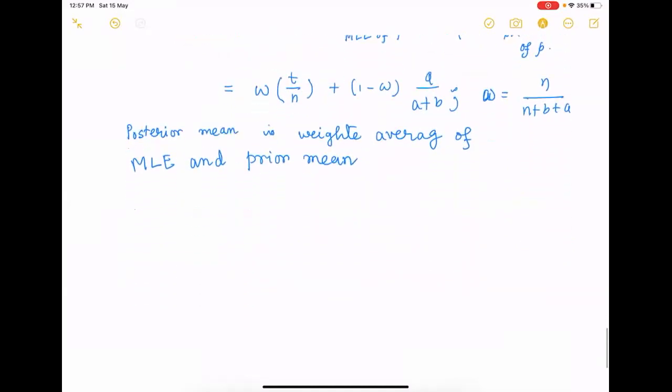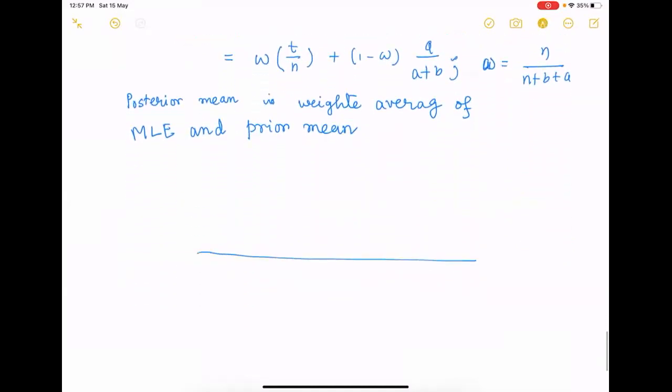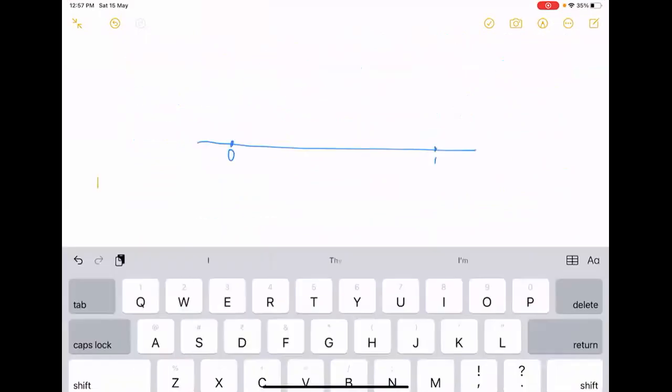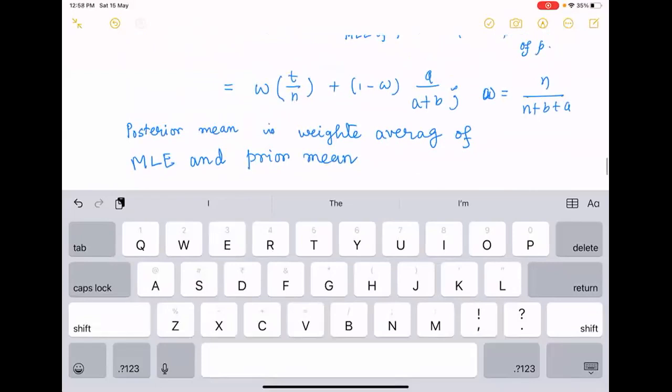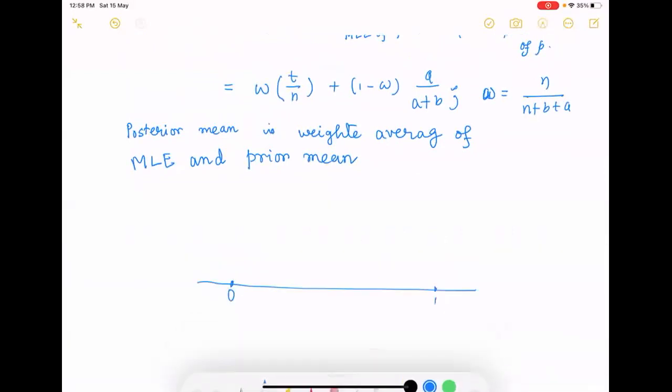Okay, so that means suppose 0 is here, 1 is here. Suppose I have taken Beta(2, 2) as my prior distribution.